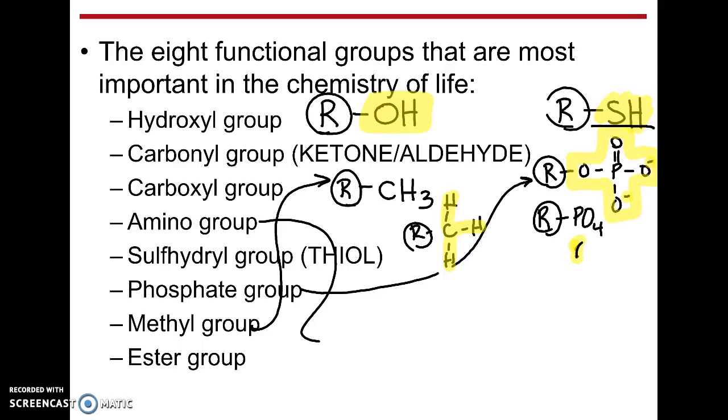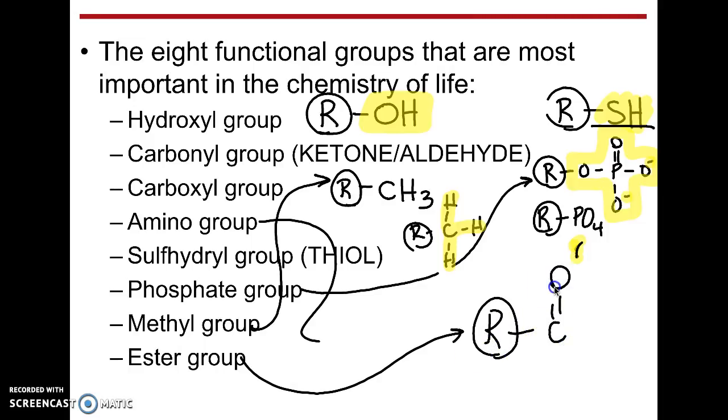So the ester group looks like this, here's your connection point: a carbon double bonded to an oxygen, another oxygen, and then it's connected to something else. So this whole thing is the ester. It's a carbon double bonded to oxygen, another oxygen, and then it's connected to some kind of a chain on both sides of that.